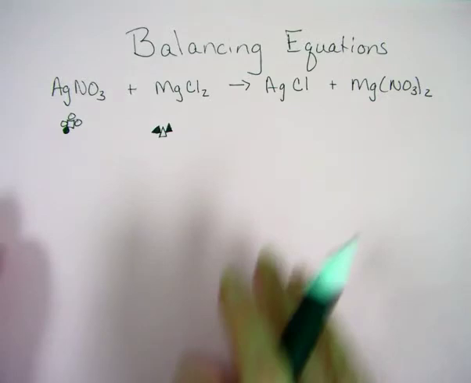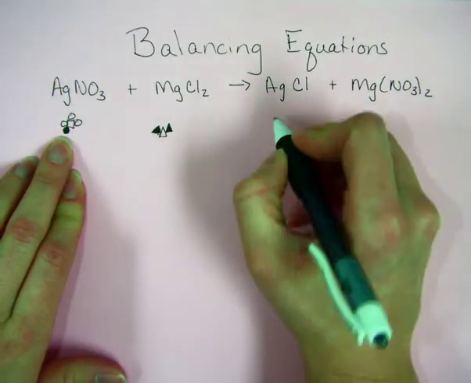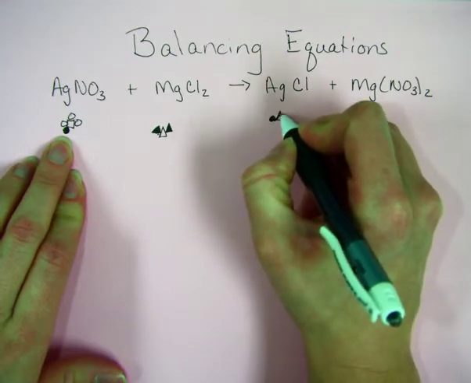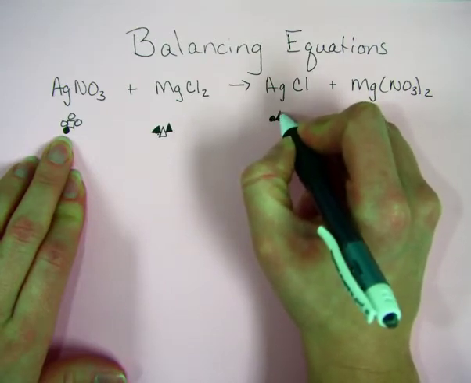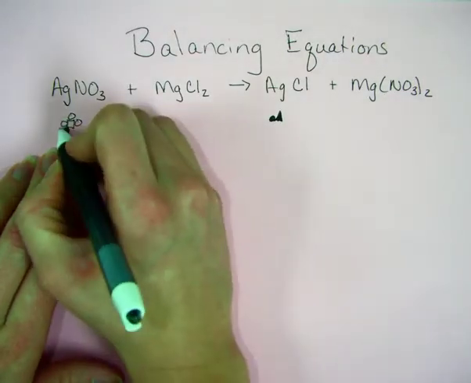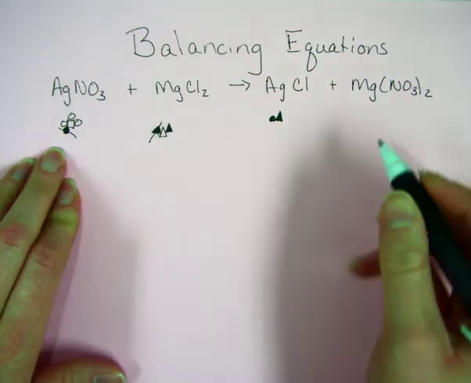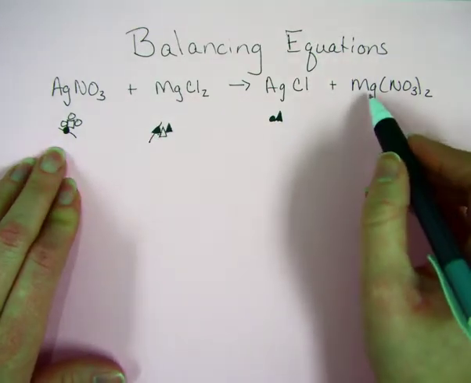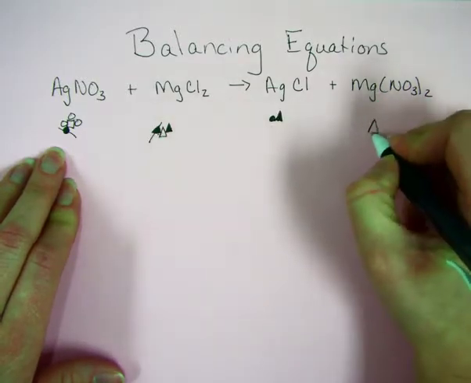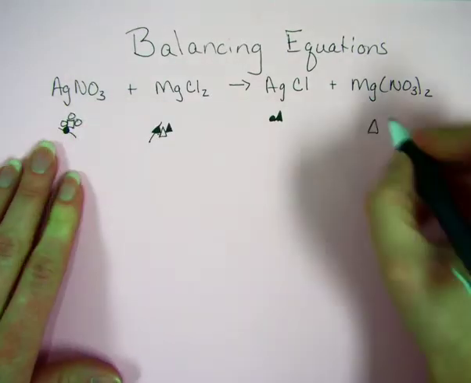Okay, so to make our first product, we're going to take this Ag and one of the Cl's. All right, so we've taken care of that one, and we've taken care of that one. Then to make our MgNO3 we're going to use our Mg, and we're going to put this whole portion onto it.